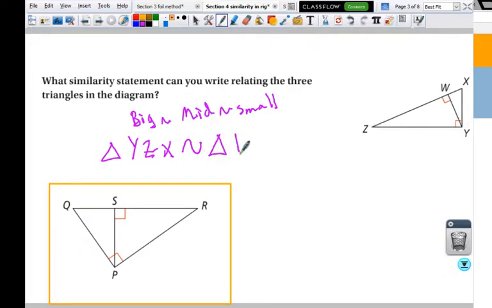Similar to triangle WZY, which is going to be similar to my small one, this little guy right here, which is going to be XYW. So instead of writing the three statements, we can combine it into one and do one big long line here.